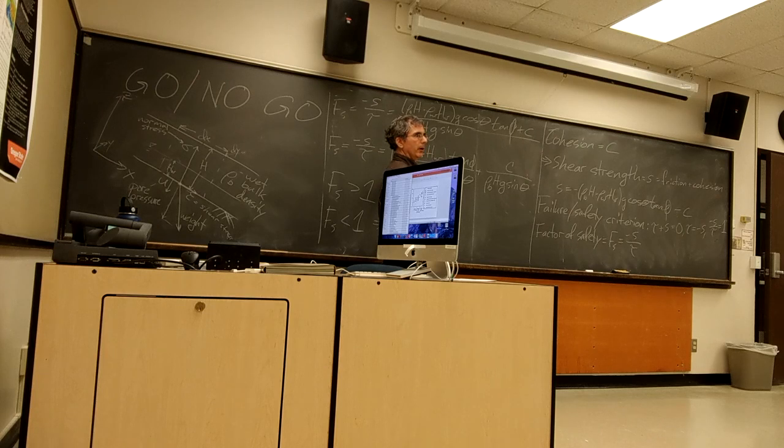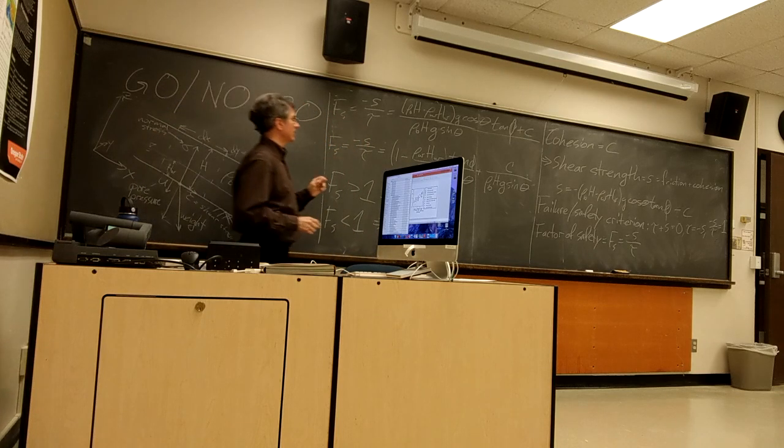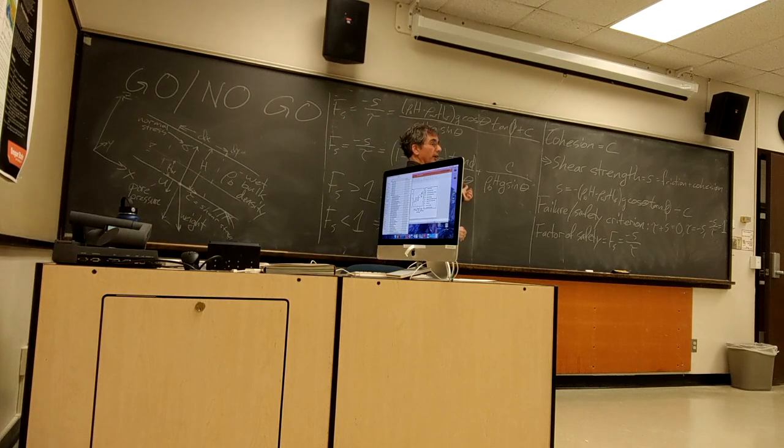Now we know that that's not good enough because typical friction angles are about 37 degrees for a gravelly sandy loam, and typical steep slopes in, say, the coast range are 41 degrees.